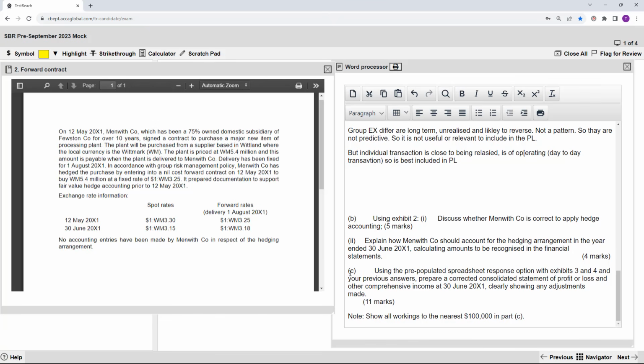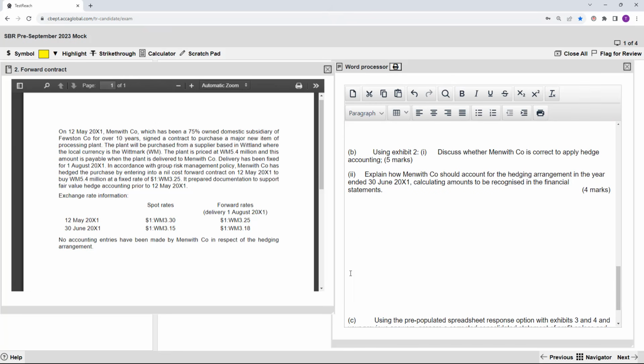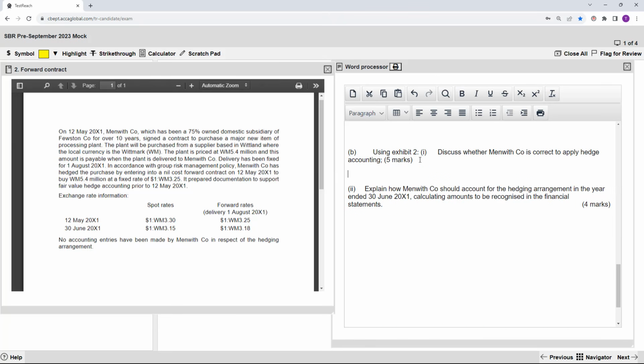Using Exhibit 2, discuss whether Menwith is correct to apply hedge accounting, and explain how they should account for the hedge. So the first part is all about a discussion. Are they correct to apply hedge accounting?